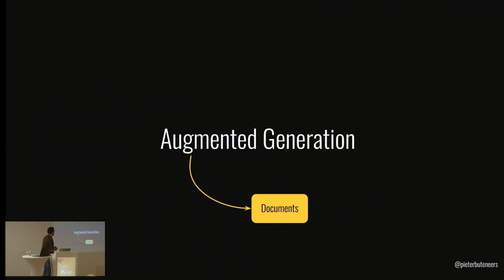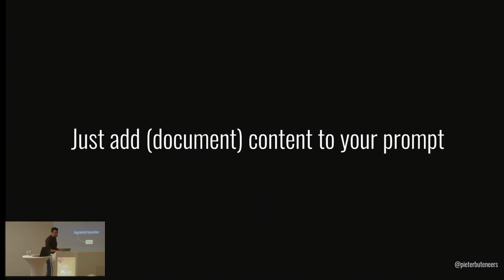Let's start without the R, just the A and the G, augmented generation. The idea is that you just provide a document with information. The easiest way in this case is to have a list of all countries and their presidents as an input document, and then ask the question. You'll get a much better result. So this is just adding a document as extra content to your prompt.